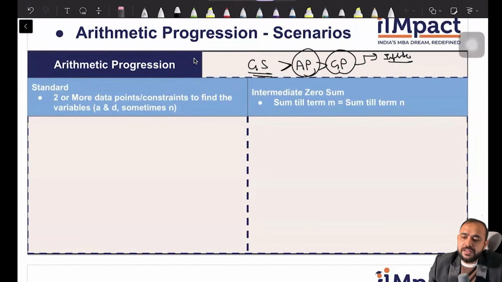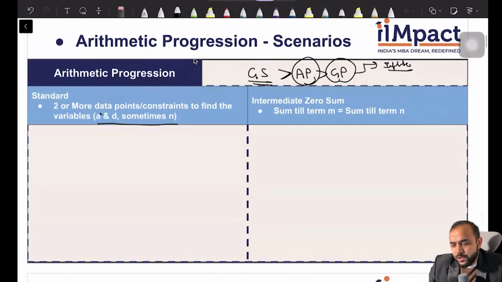You can have standard questions in arithmetic progression where they give you certain data points and they ask you to find some variable or some different thing which you can express in terms of the known variables. The thing to understand here is that for CAT to define an arithmetic progression, they have to define the first term, the common difference, and n, the number of terms, which is generally not used as a variable.